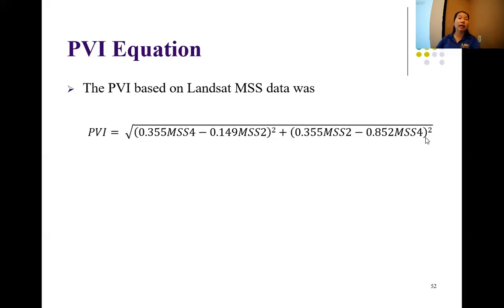Again, the equation itself is quite simple. I think the software should support this as well, but if not, you can use Modeler to build this equation yourself, which means that once you have the input image, you can directly calculate PVI.